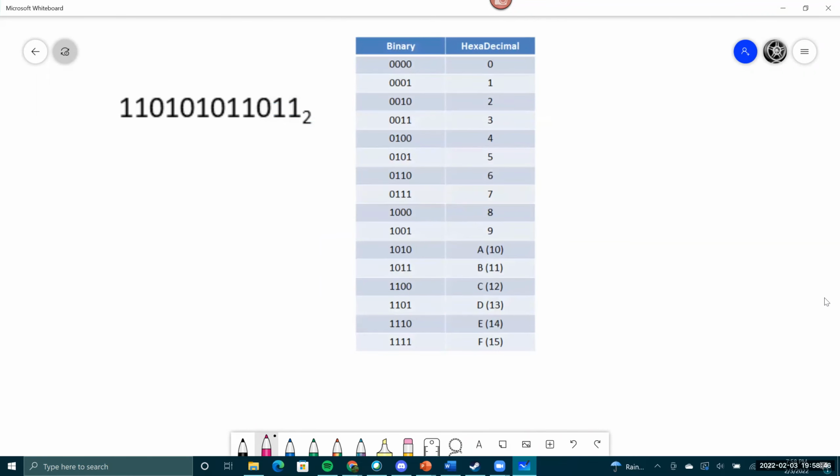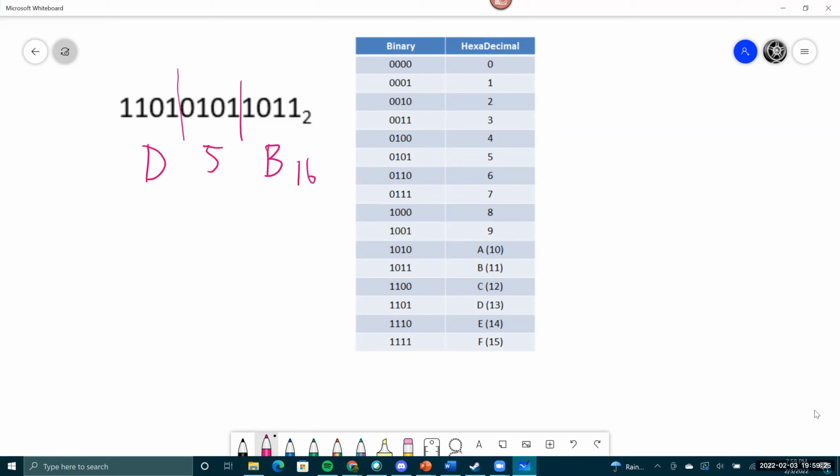To convert binary to hex, it's groups of 4. There's one group, here's another group. Look up the chart and see what 1011 is. 1011 is B. 0101 is 5, and 1101 is D. That's it. This process is almost identical. The only difference is with hex, you're doing 4 bits and not 3 bits.